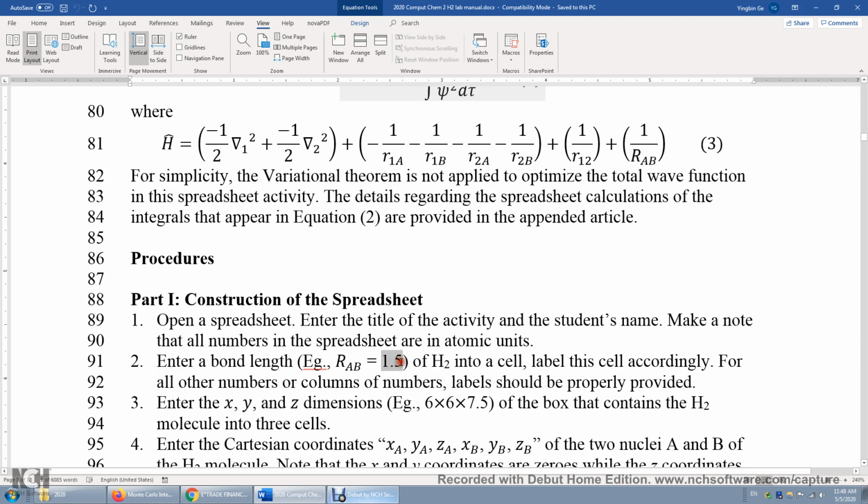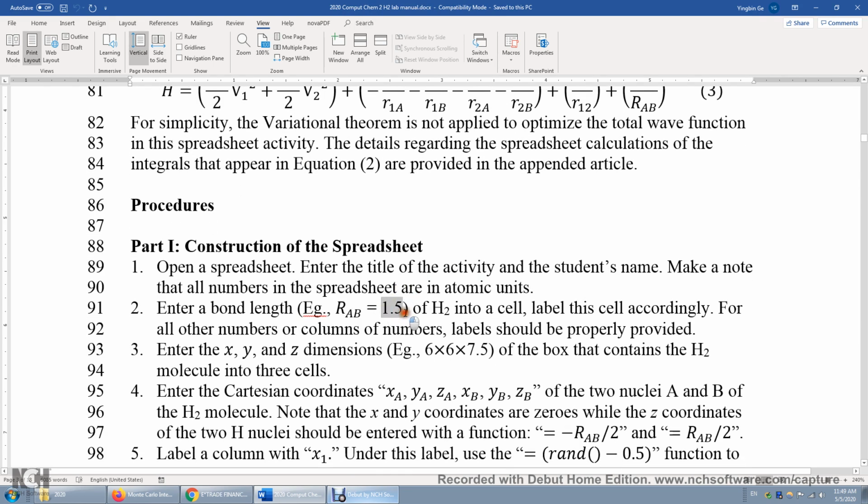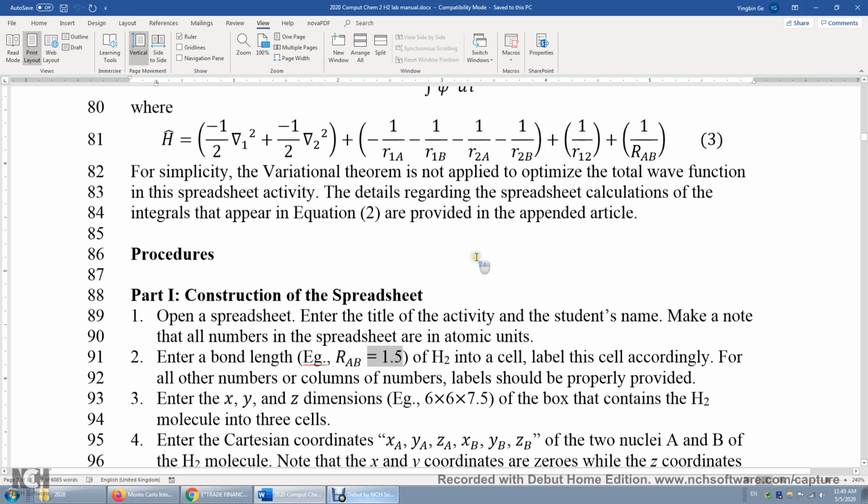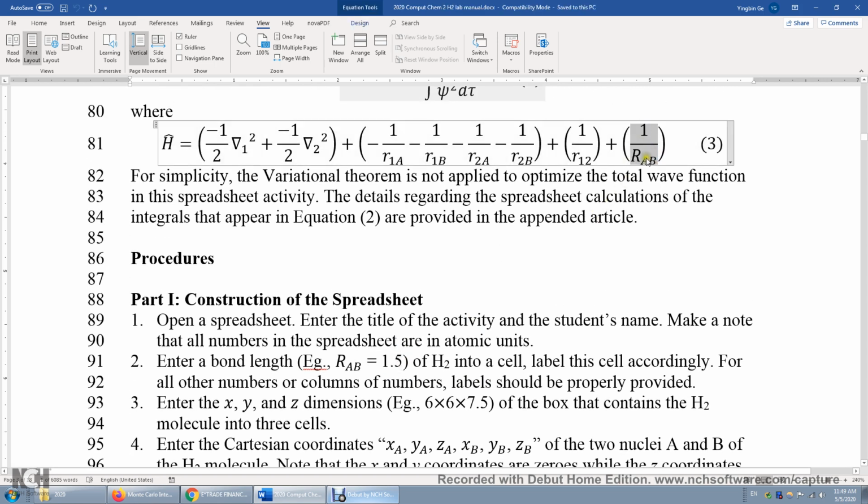Again, this 1.5 is in atomic units, and also in this H, I was using atomic units throughout the entire expression here. And given this, we already know the repulsion between the 2 nuclei. It's just 1/1.5, 0.6667 atomic units. That's the repulsion between the 2 nuclei. So this part is a constant. Again, this is the easy part.